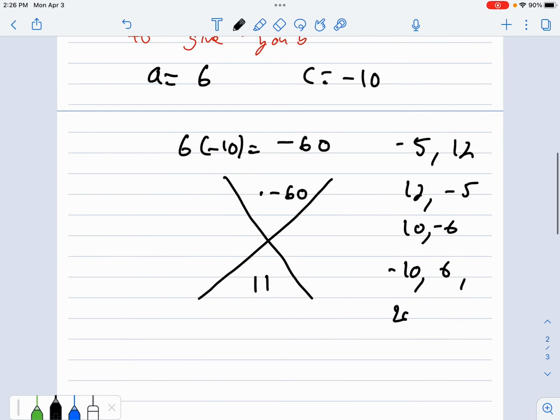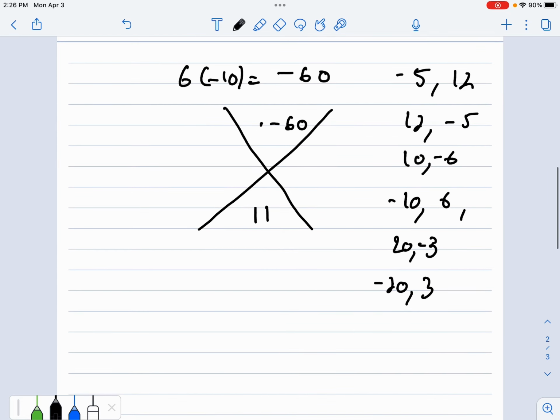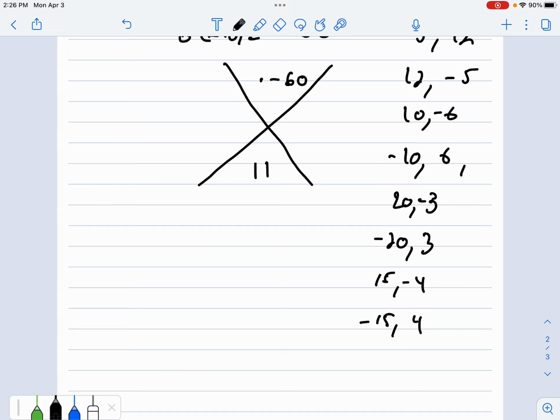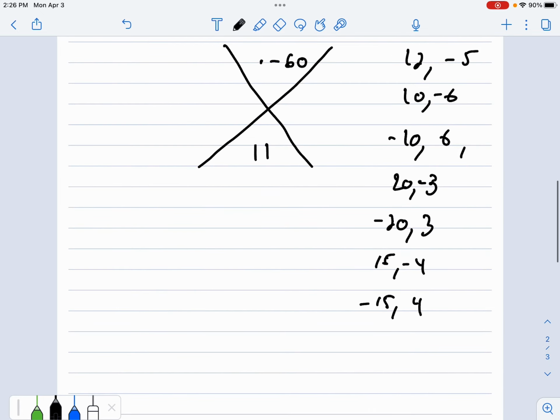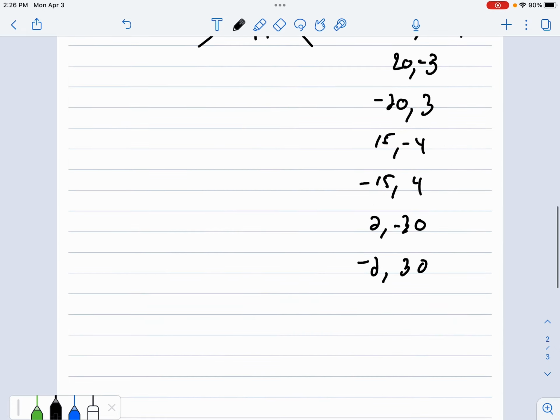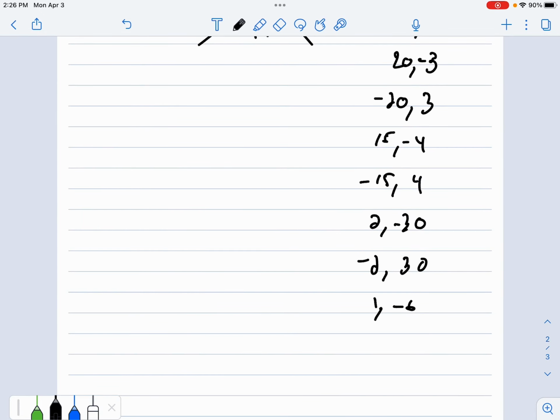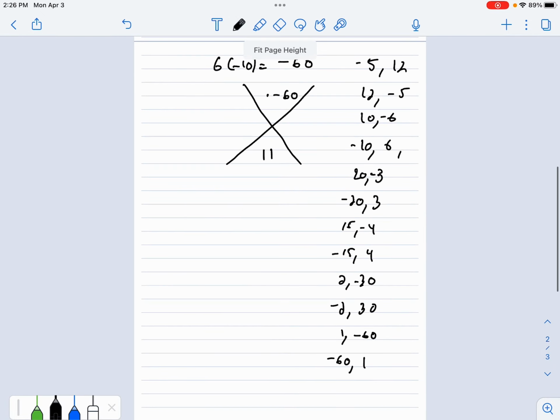There's 20 and negative 3, or negative 20 and 3, 15 and 4, and negative 15 and positive 4. And there's also 2 and minus 30, or negative 2 and 30. Technically speaking, 1 and minus 60, or minus 60 and 1 can also work out.